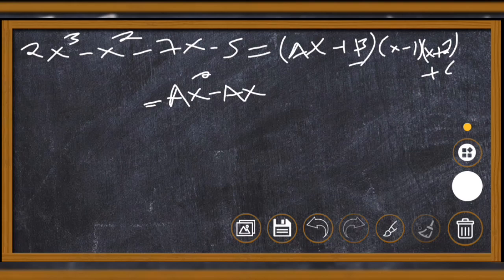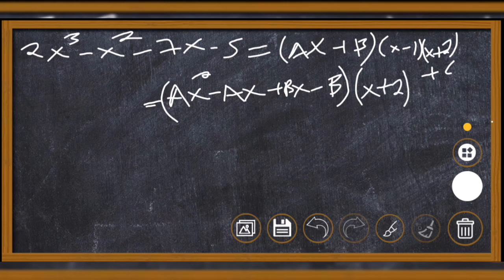So b multiplied by x, we are going to have positive bx, and then b multiplied by negative 1, we are going to have negative b. Okay, so we are done for this part. Let me just write the remaining part here, that is x + 2 and then plus constant value c.